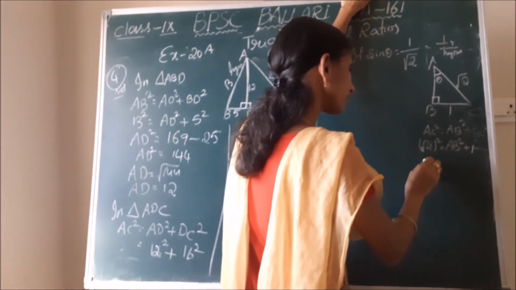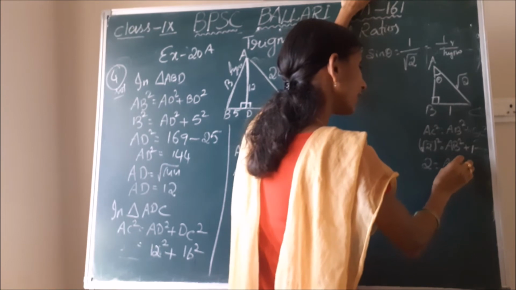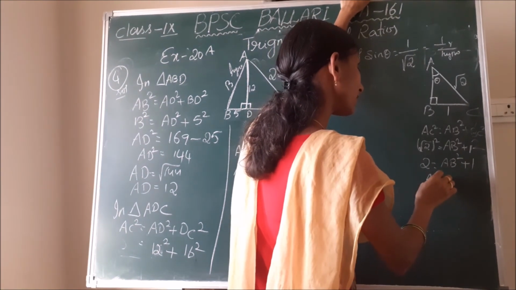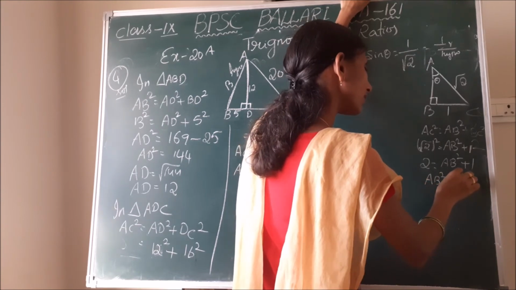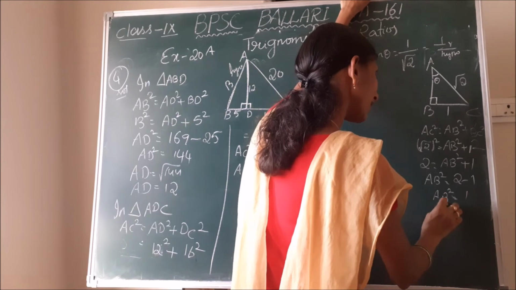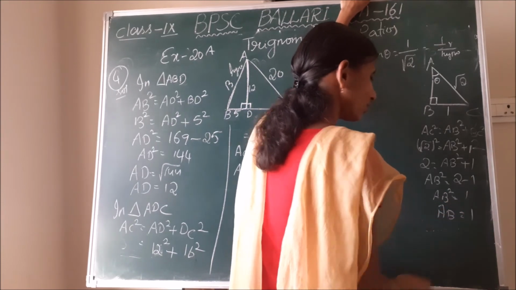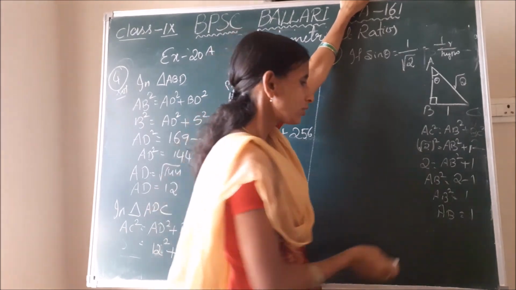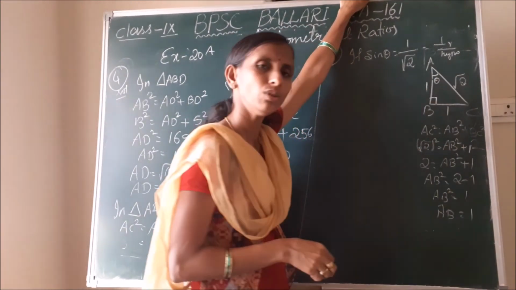So 2 is equal to AB square plus 1. So AB square is equal to 2 minus 1, AB square is equal to 1. AB is also 1, because the square root of 1 is 1 itself.